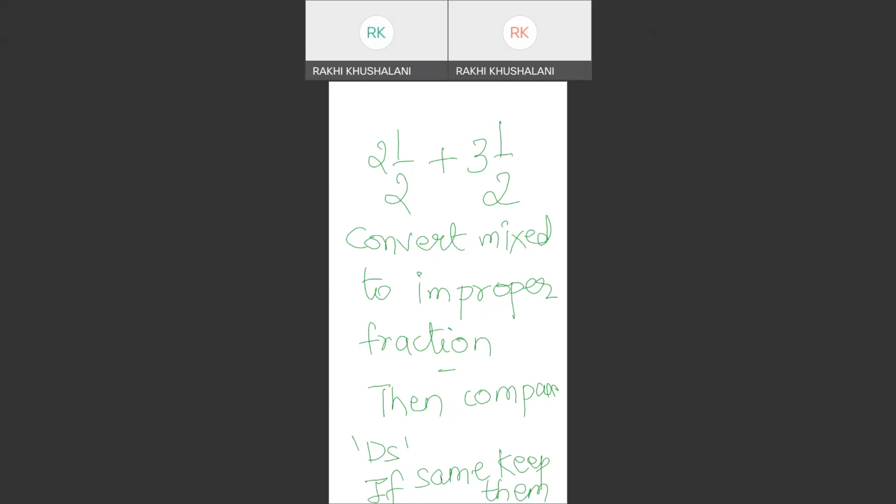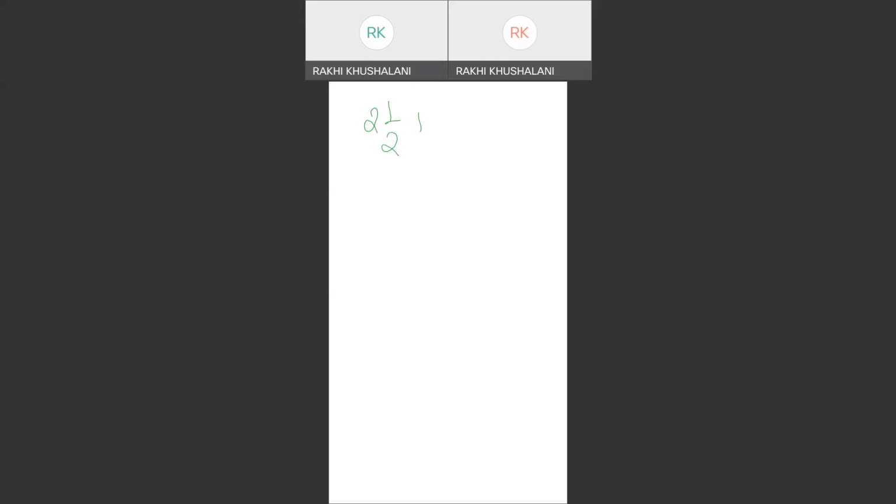I hope you all have noted this down. I'm going to the next image. If the denominators are same, keep them.